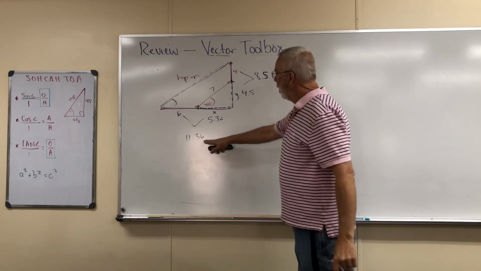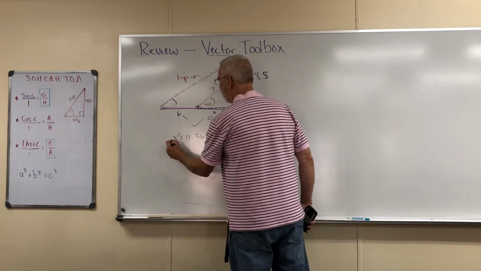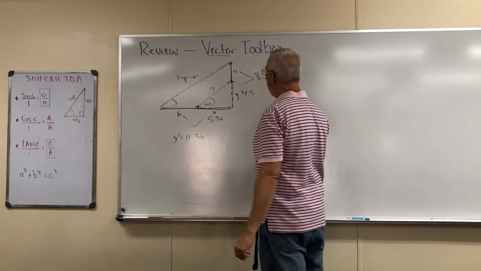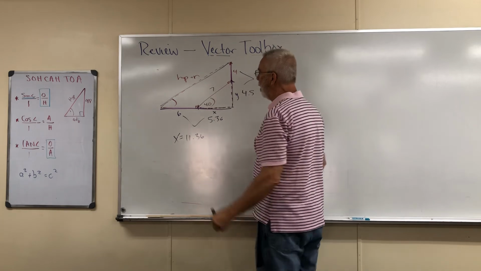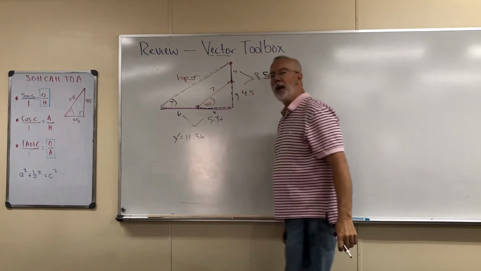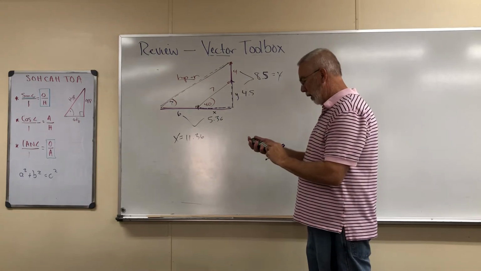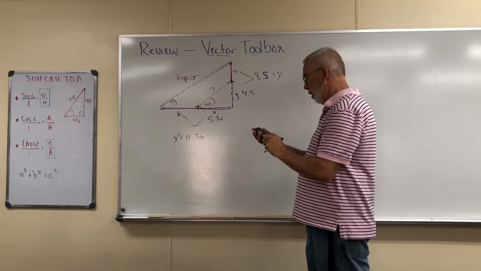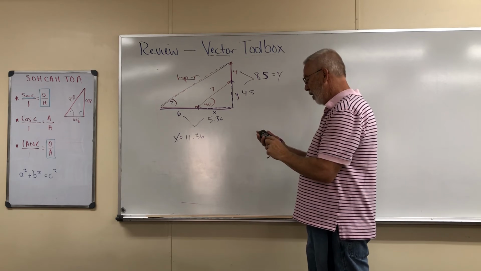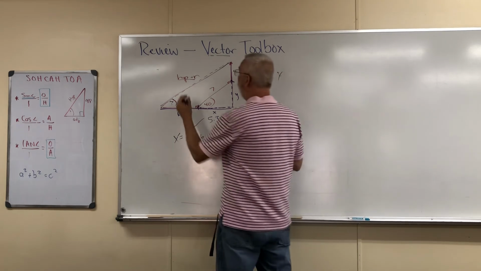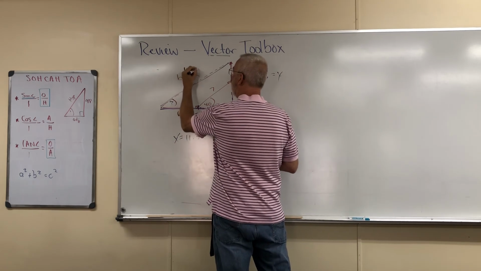So now I have a total x, and I have a total y. Well, now I can go right back, rectangular to polar, and I can solve for that new angle and for that new hypotenuse. And let's run that right quick. 11.36, second function, x to y, 8.5, and rectangular back to polar, 14.19 is right here.